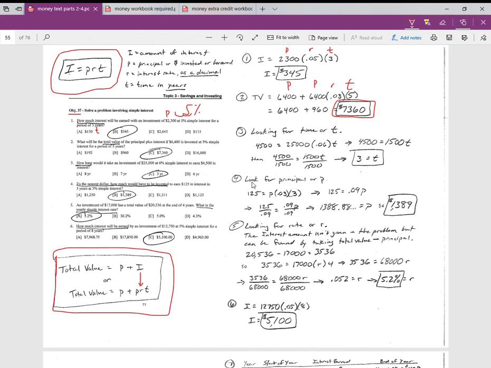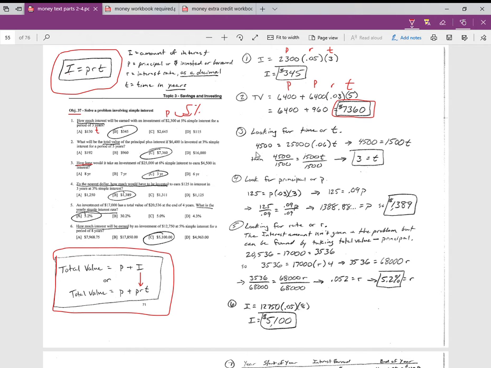All right, number 3 starts off with a different type of problem. It's not asking for the interest. It's asking how long would it take an investment of $25,000 at 6% simple interest to earn $4,500 in interest. So you still plug in what you know, but the difference here is it asks how long, meaning we're looking for how many years.